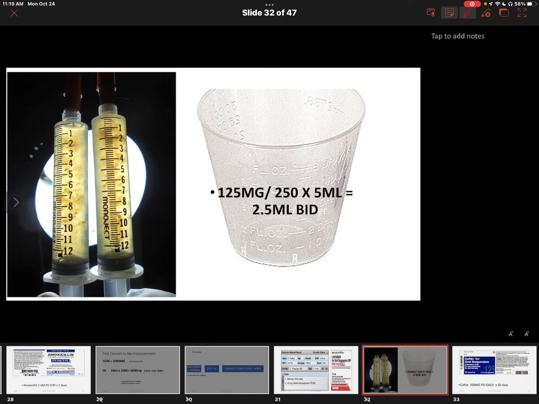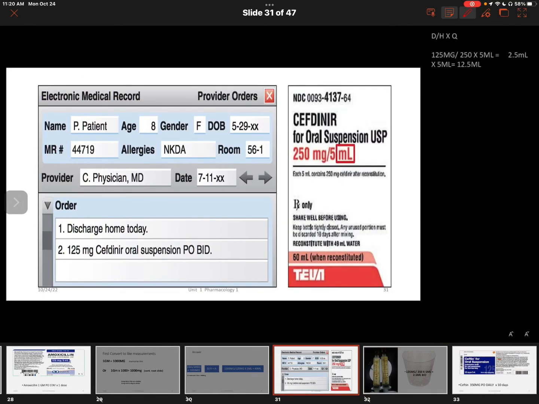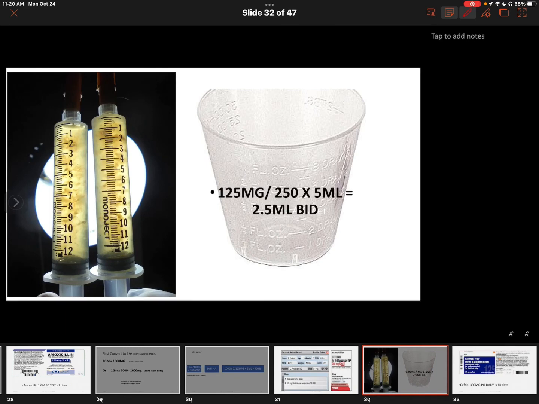What is on hand is 250 milligrams. So we're taking the 125, dividing it by 250. And remember here, the 250 milligrams per 5 milliliters. We're going to multiply that by 5 milliliters, and then we come up with 2.5 milliliters BID.